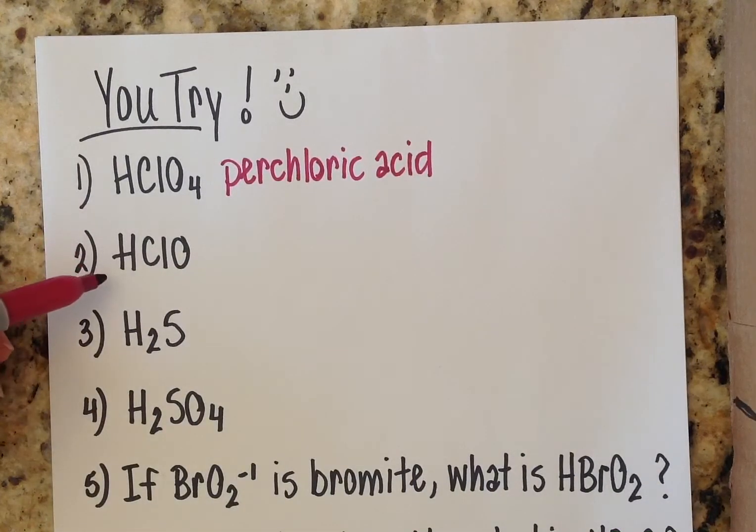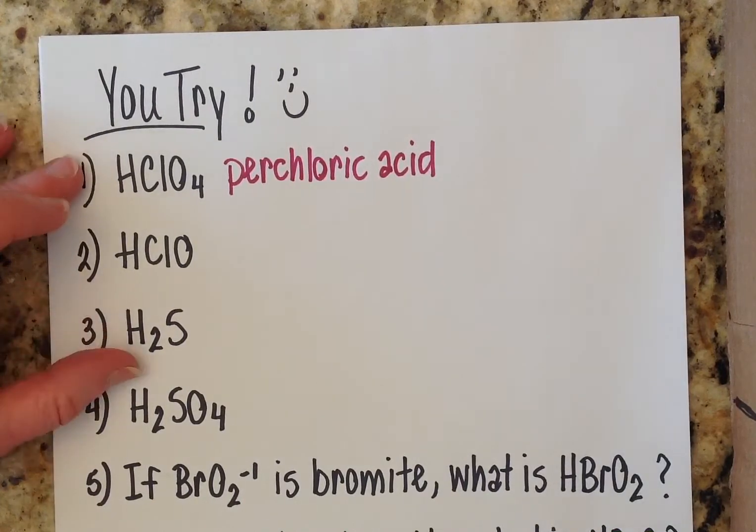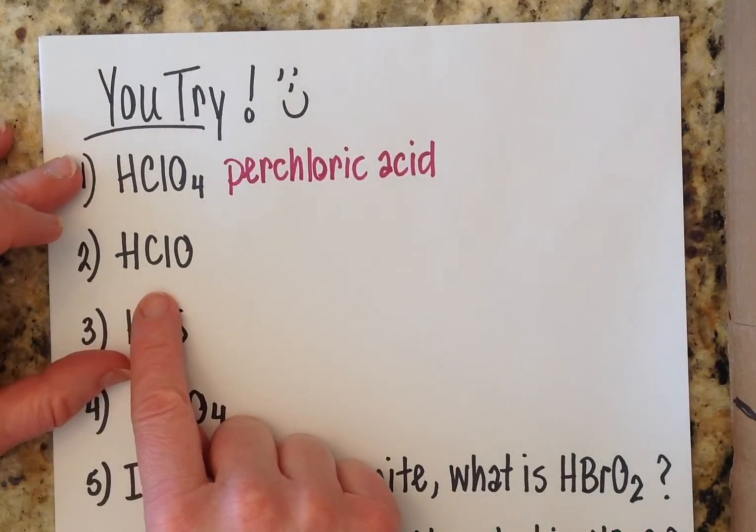Number 2 is also an acid because it has an H in the front, and it also has a polyatomic ion. But this is the hypochlorite polyatomic ion. Not hydro, it's hypo, H-Y-P-O. Hypo is actually a part of that polyatomic ion's name. So this is hypochlorite. Ite turns into ous.